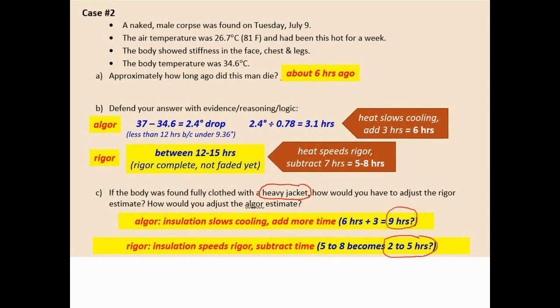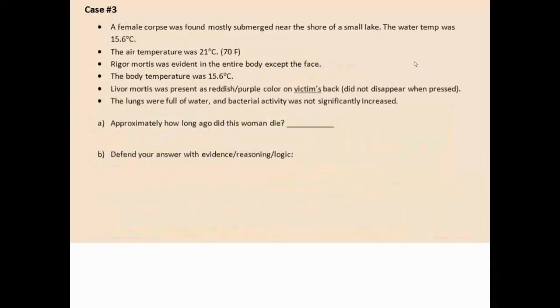Honestly, with a question like that, once you start saying, oh, well, what if it was wearing a jacket, or what if it was doing this, we don't have the actual data. So this is just kind of a poor question. But insulation slows the cooling process, and insulation speeds up the rigor process. Those are both true things. The data here just is not enough for us to do anything useful. Okay, so don't worry about question 2C.